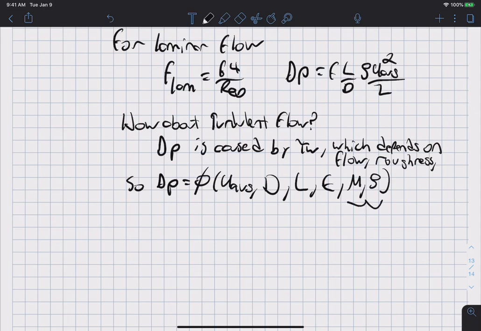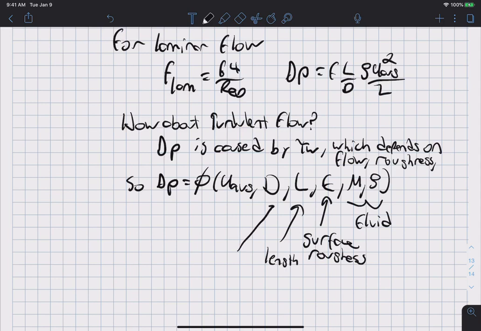These are properties of the fluid. This is surface roughness. This is the length of the pipe. This is the diameter. And this is the mean flow.